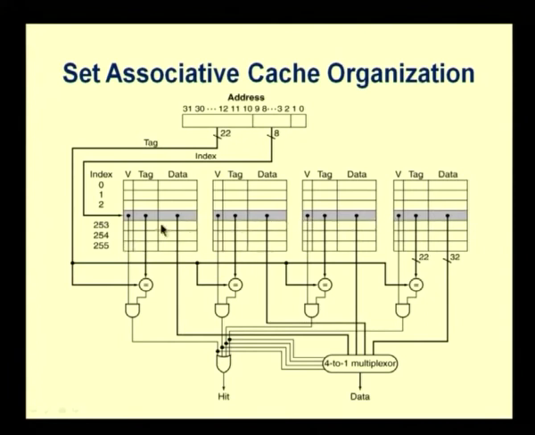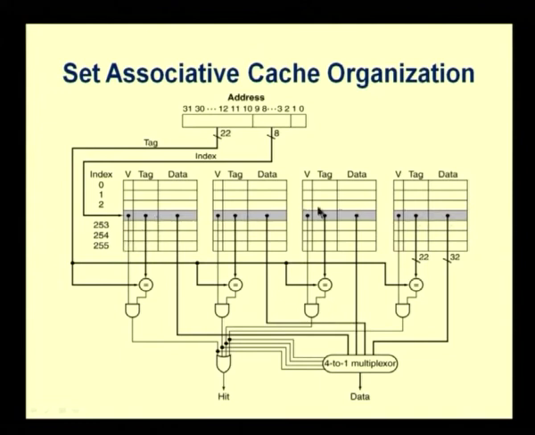We will identify the set by means of this set field here, the index. In this example I am showing 8 bits here, which means 2 power 8, there are 256 different sets available. So, identification of a particular set is done by means of this field here.